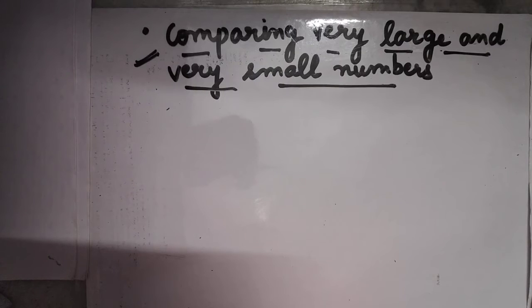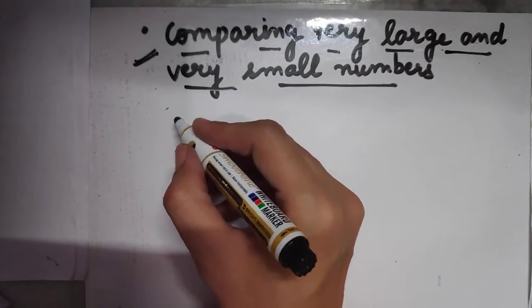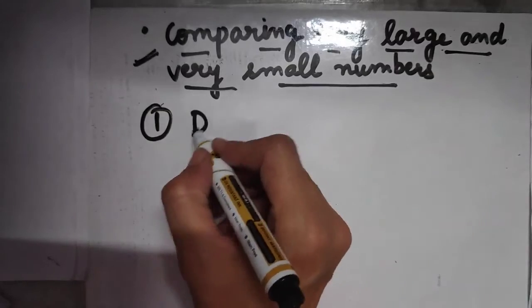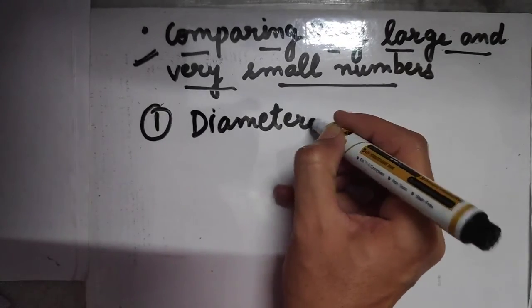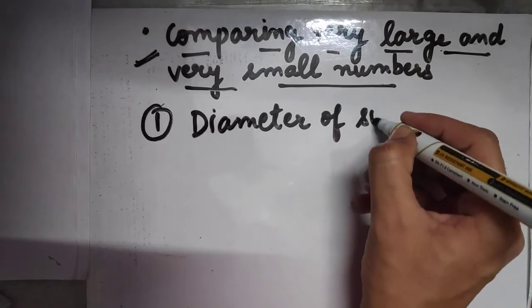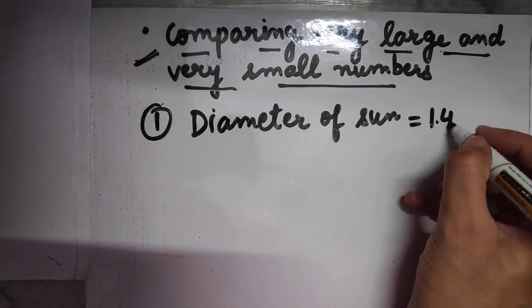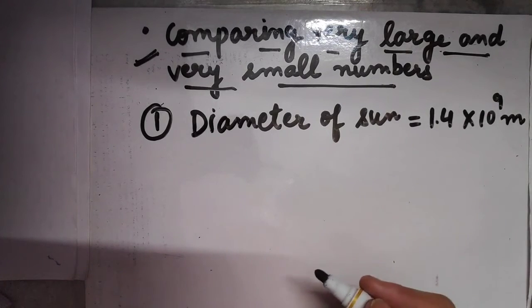Let us find the answers of few questions. Let us take first example. Diameter of sun, first example I am taking. Diameter of sun is equal to 1.4 into 10 raised to the power 9 meters.